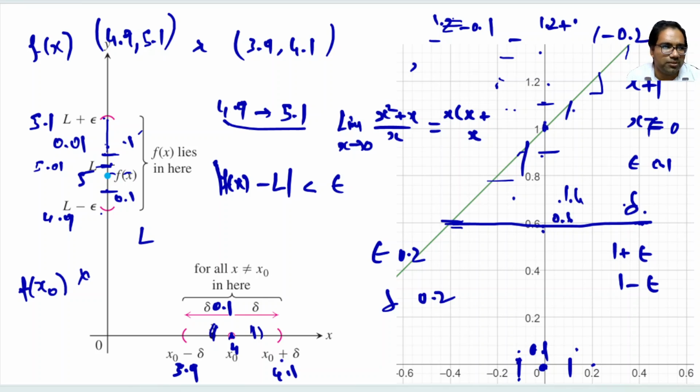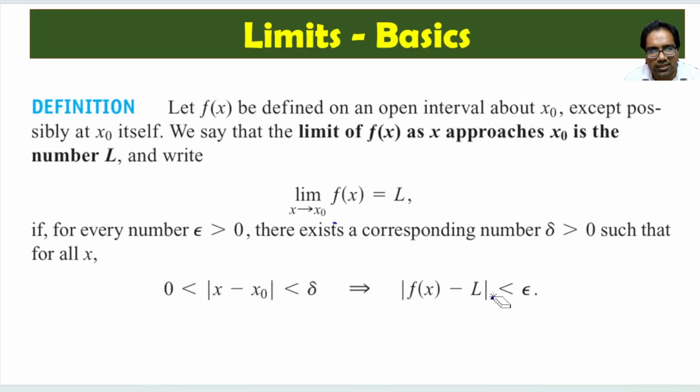Okay, so let's come to the different definition of the limit. If there is a limit, then around the limit, above or below, the value of the function should lie within epsilon, for every epsilon, and epsilon can be as small as possible.